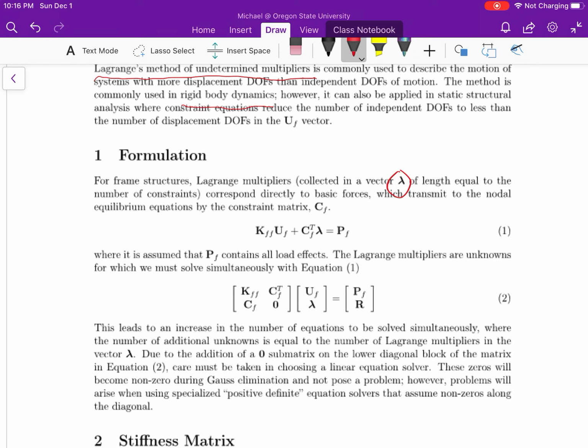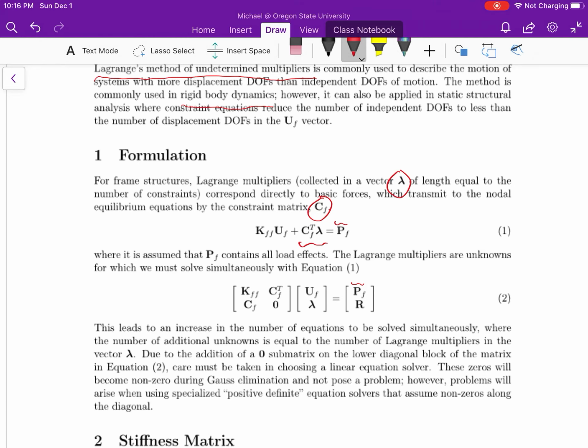These basic forces are transmitted to the nodal equilibrium equations by the constraint matrix C sub f, which we know how to form. So these become additional unknown forces in our system. We add them into the left-hand side of our nodal equilibrium equations. This should be PF tilde, the total right-hand side vector, but these become unknowns.